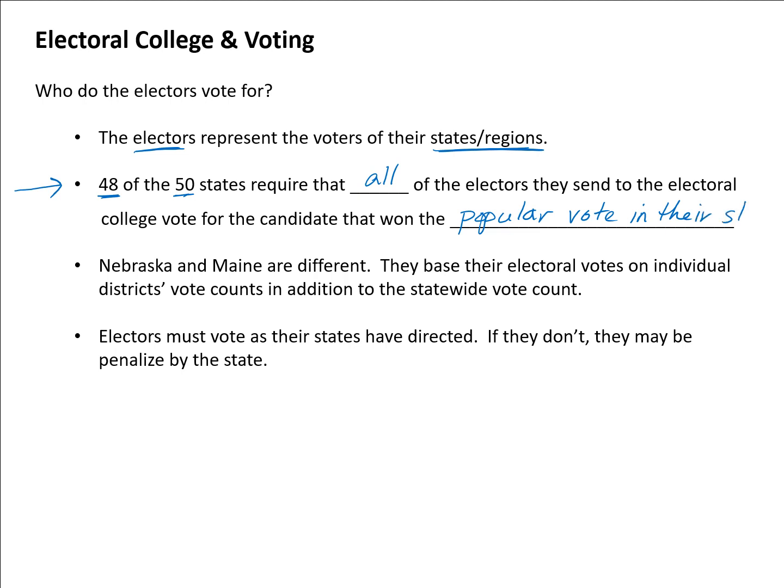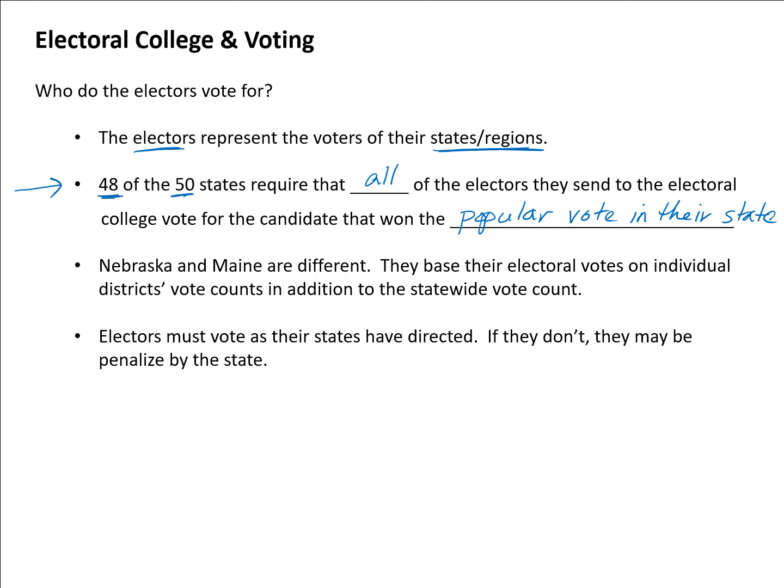So that's the popular vote in the state, not the popular vote for the country, because these electors are representing their state. So an elector representing, say, Oregon is required to vote in the Electoral College for whoever won the popular vote in Oregon. So that's how 48 of 50 states require their electors to vote.